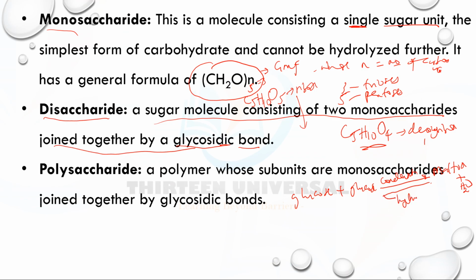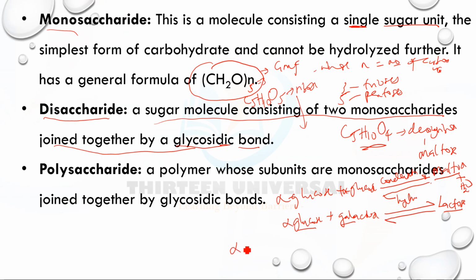If you have alpha glucose and galactose undergoing condensation reaction, they give you lactose, which is found in milk. Maltose and lactose are both disaccharides.